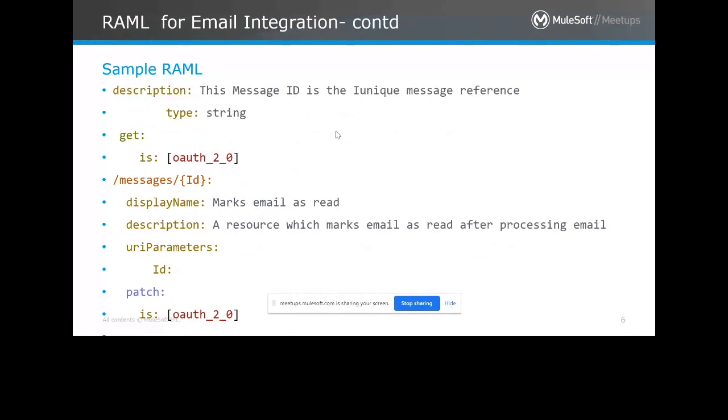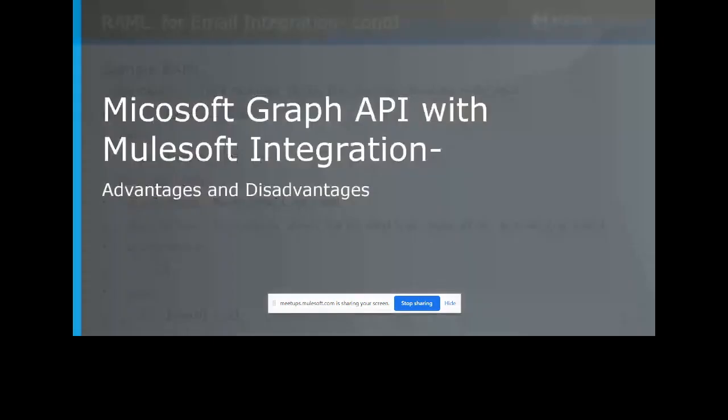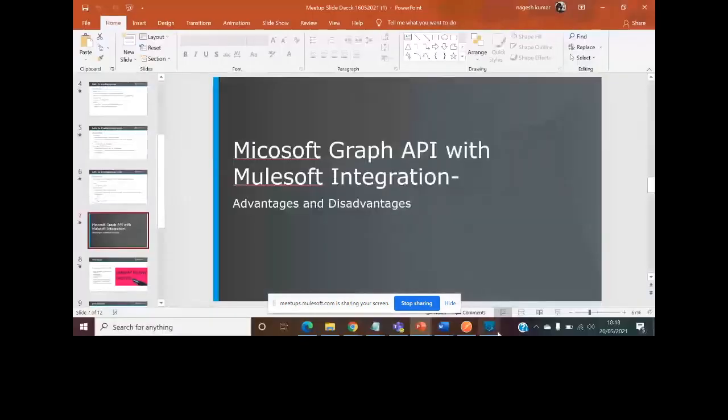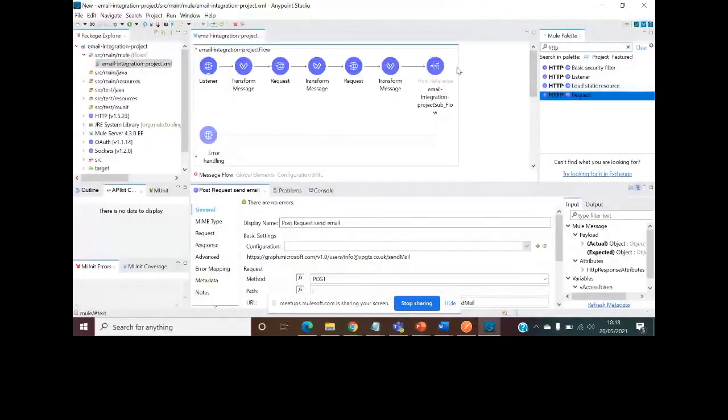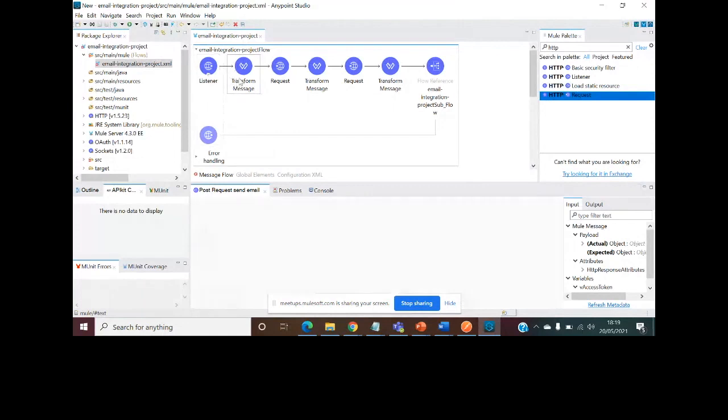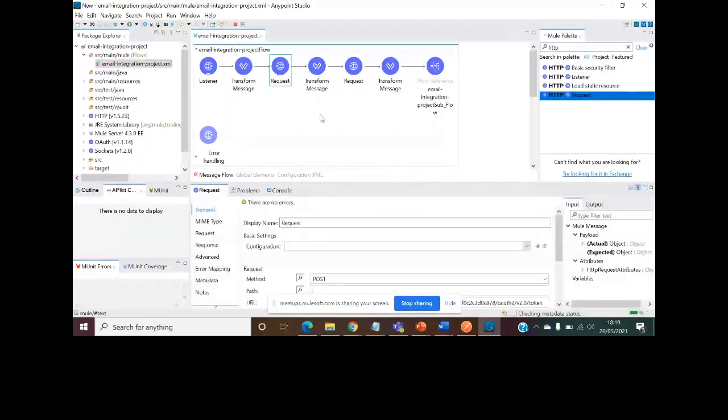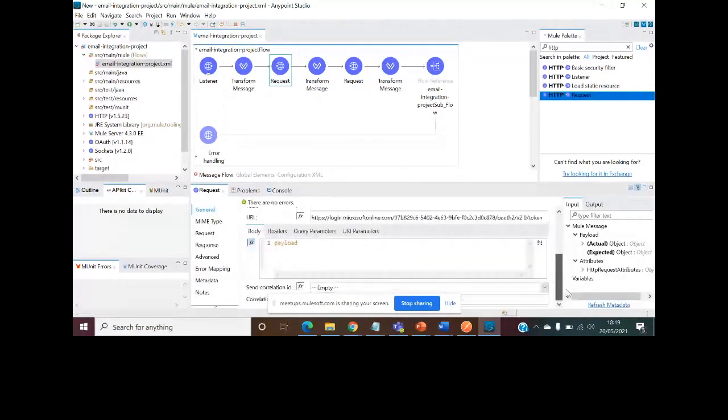And I want to mark the email as read, so I can do a patch request with authentication again, so it's basically caching the token and then performing the request. Before coming onto it, I put a listener on here, and this is my request with the necessary parameters that I can send across.